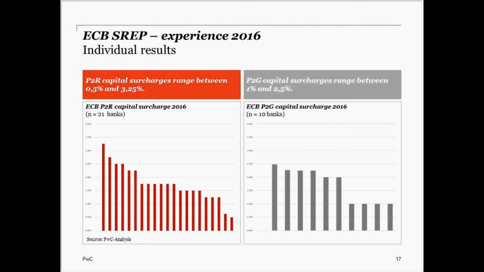Obviously, and this is very important to bear in mind, this doesn't give the entire bandwidth of the ECB SREP capital add-ons, as we have only looked into a small segment of the market. For P2R, we came up with the requirements based on a review of 21 banks, and for P2G we know the capital surcharge for 10 banks only.